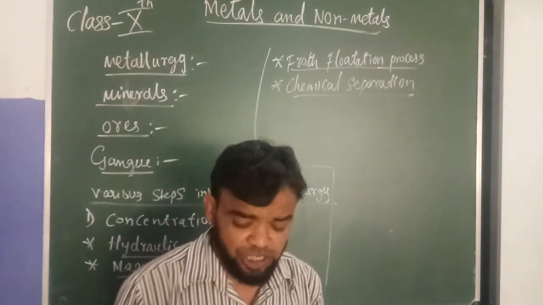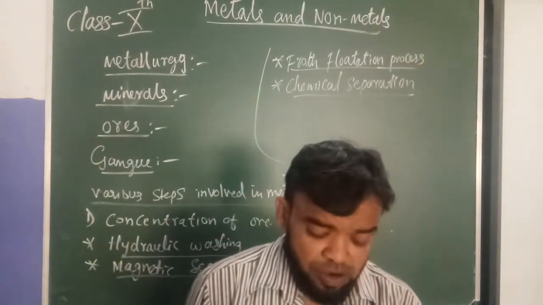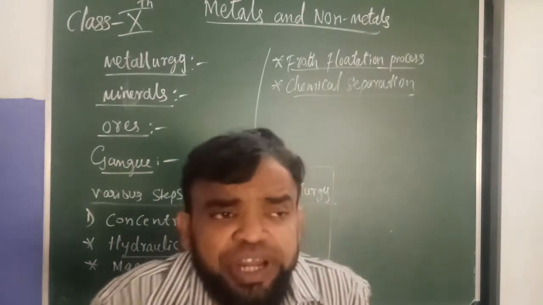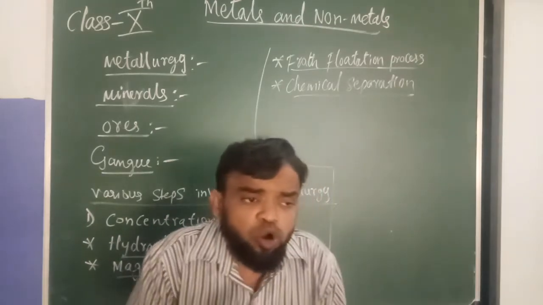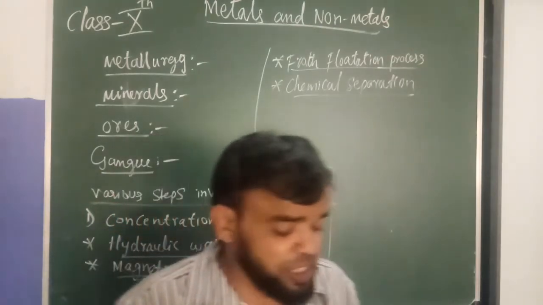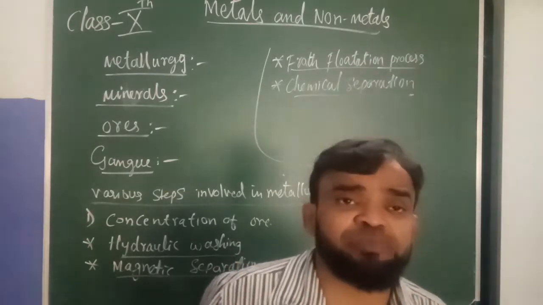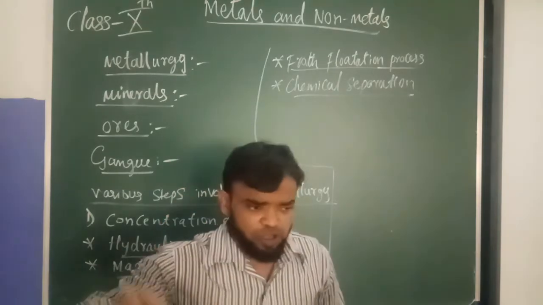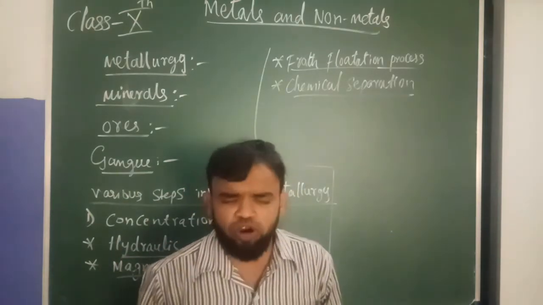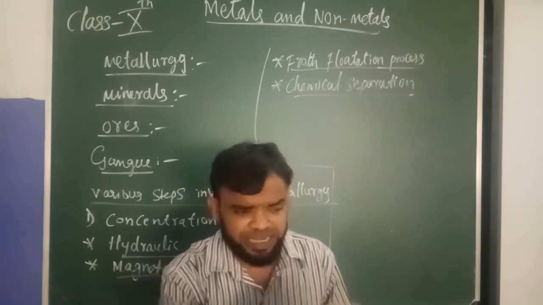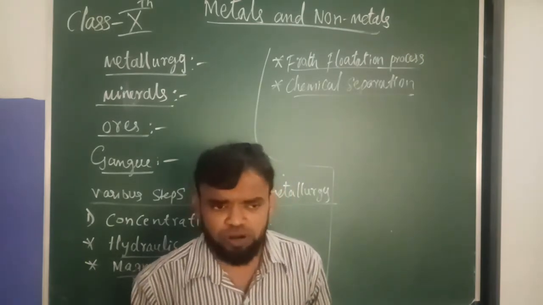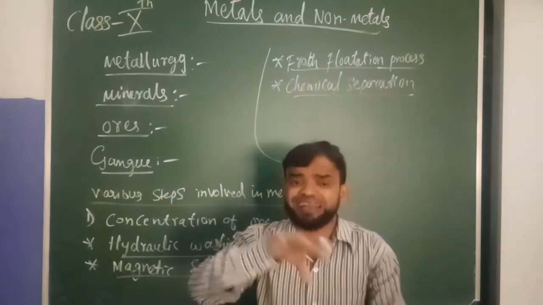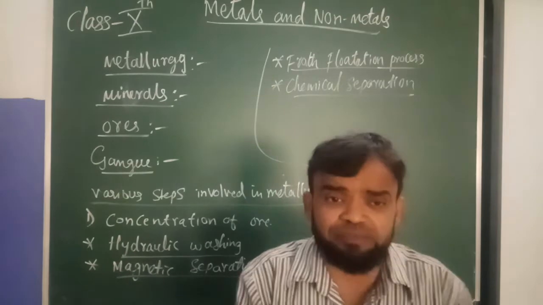What do you mean by metallurgy? It is the process of extraction of metal from its ore. Extraction means we separate the metal from the ore particles. Just assume you take a magnet and throw it onto mud, with stones and soil in it. The magnet attracts the metal, whereas otherwise we would have to separate it by hand.